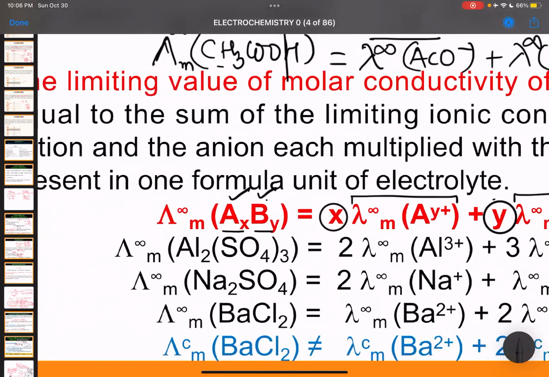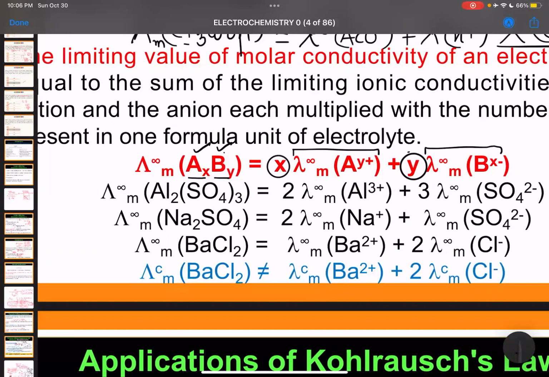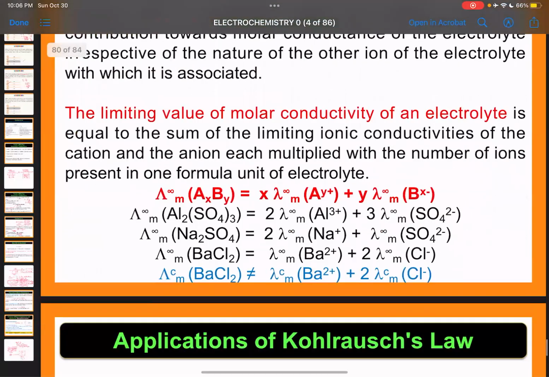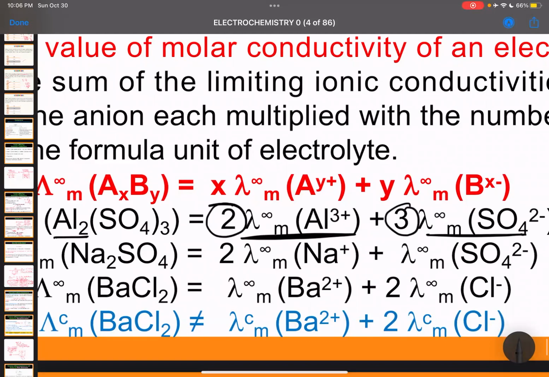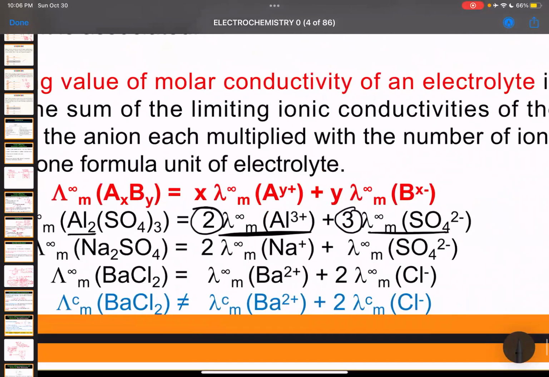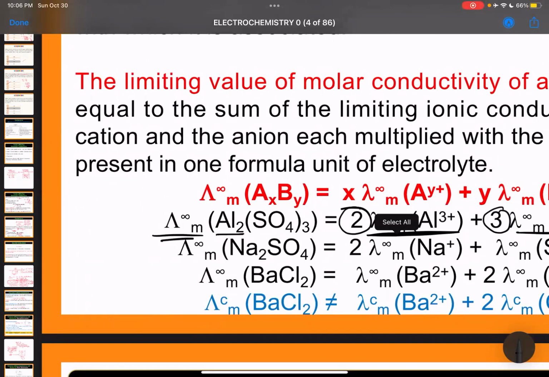For example, if you have aluminum sulfate, it means you have 2 aluminum ions and 3 sulfate ions. For 1 mole of aluminum ions there will be a limiting value, but for the salt aluminum sulfate you are getting 2 moles. Similarly, for sulfate, you are getting 3 moles of sulfate. So you add them together and you get the molar conductance at infinite dilution for aluminum sulfate.